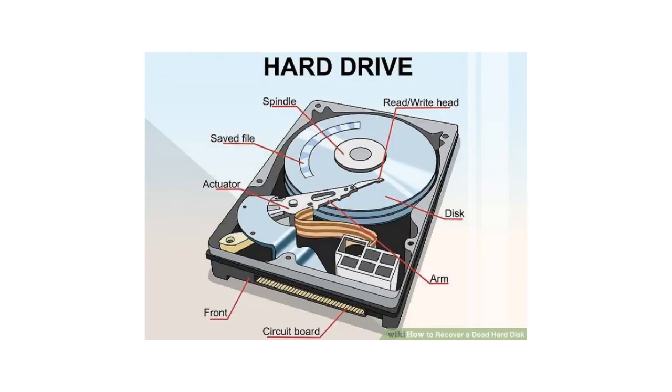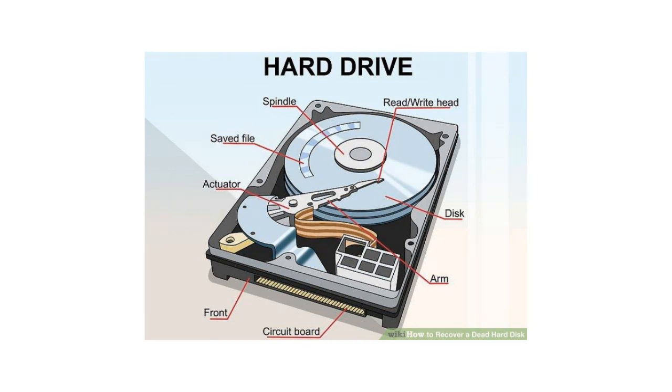If you look at the hard drive, a simple picture is like that. It has a disk, and it has many memory cells. Based on the address information, it can access a certain memory.